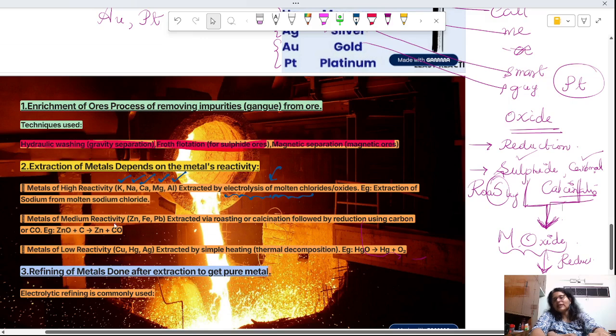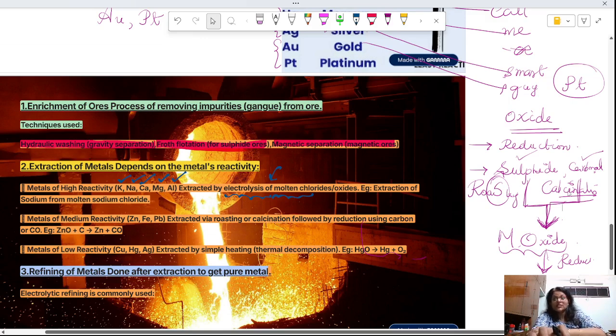Medium reactive metals, mostly zinc, iron and lead, will be found in nature in sulfide forms, like zinc sulfide, or carbonate forms like zinc carbonate, iron sulfide, lead sulfide or lead carbonate. So first you need to do roasting or calcination.